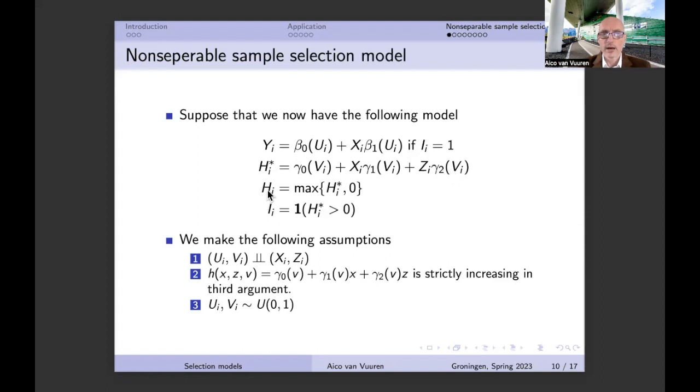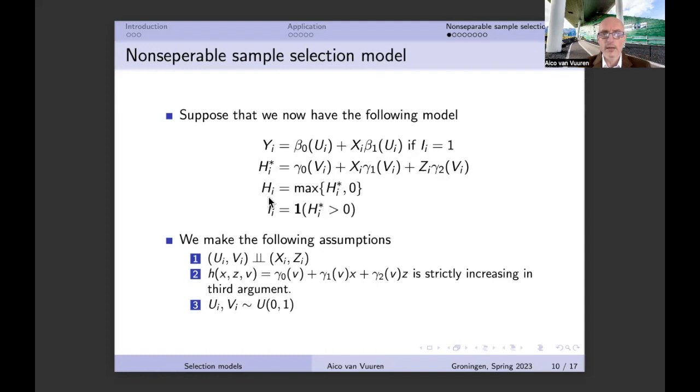It has an hi at the left hand side, and on the right hand side we have the maximum of hi star and 0. The interpretation that we can make with respect to this equation is that, in the case that y is the log hourly wages, hi could be the number of working hours.